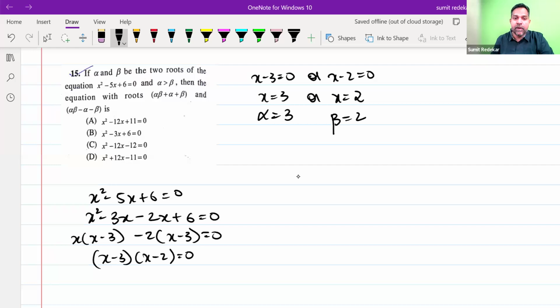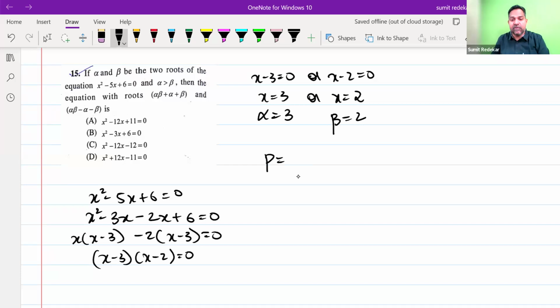We have taken the bigger value as alpha and the smaller as beta. They want that equation that has one root this and the other root this. So I'm going to call these roots by different names because they've already used alpha and beta. I don't want to confuse you. I want an equation whose roots are p and q.